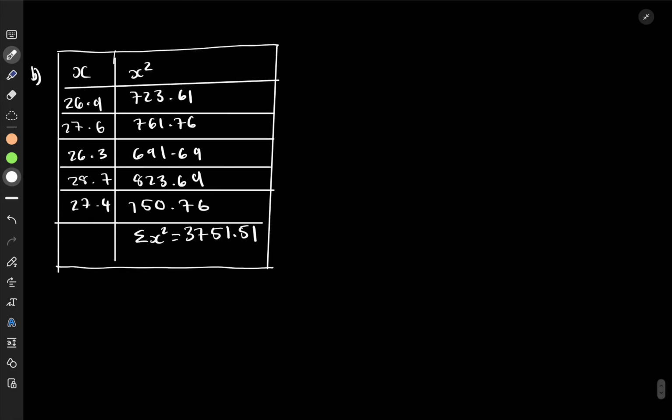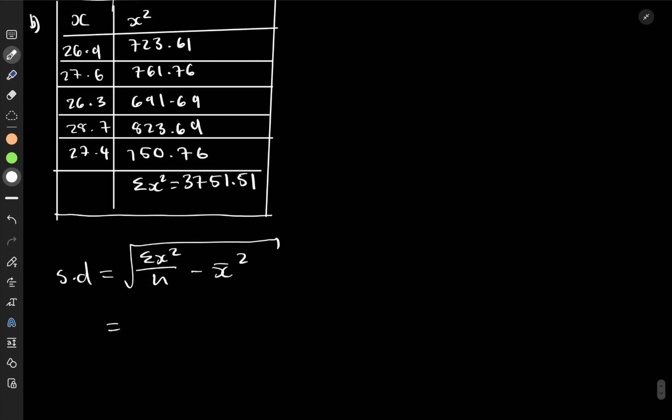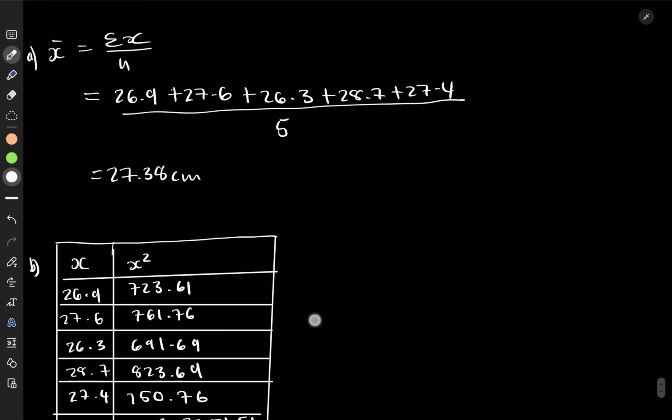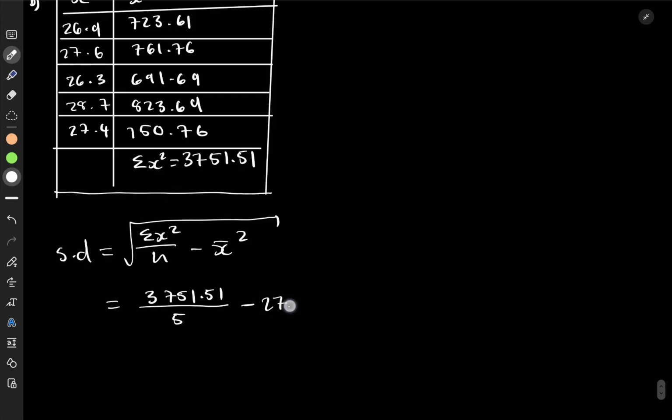All right, so here we have our values, and now standard deviation is equal to the square root of the summation of x squared over n, minus the mean squared. The summation of x squared is 3751.51 over how many terms? 5, minus the mean, 27.38, squared. Then I take the square root of that.